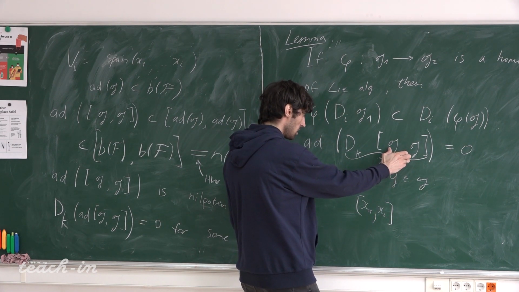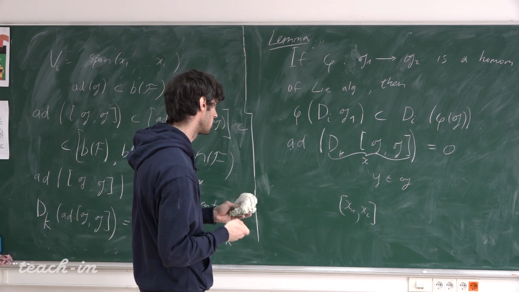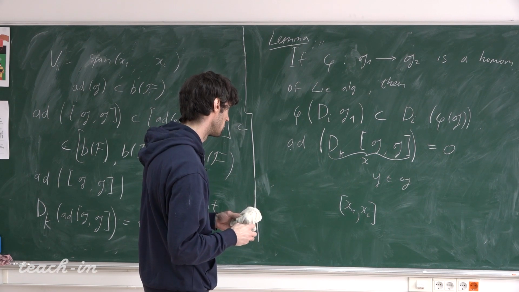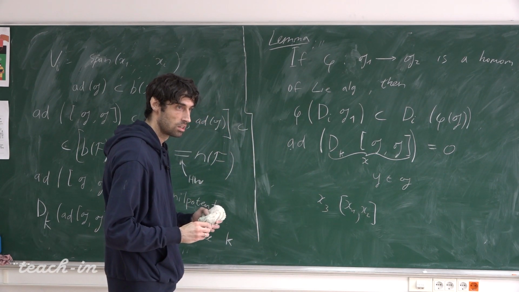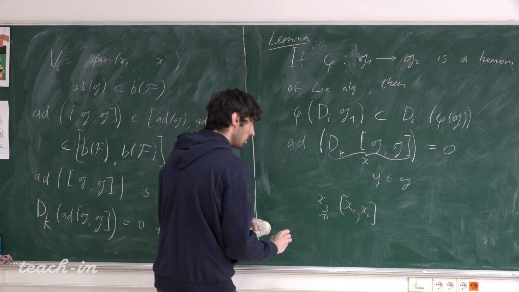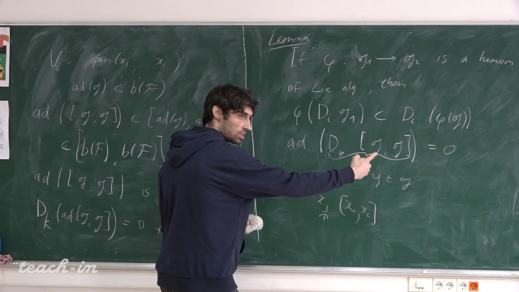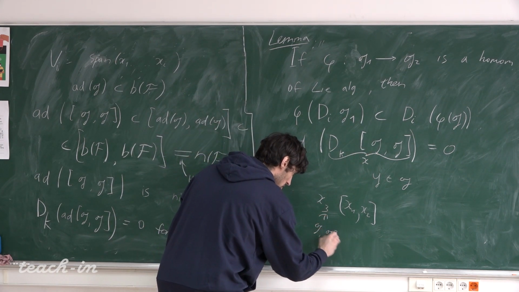Then I apply a commutator with x3. x3 lives inside G, just by definition.